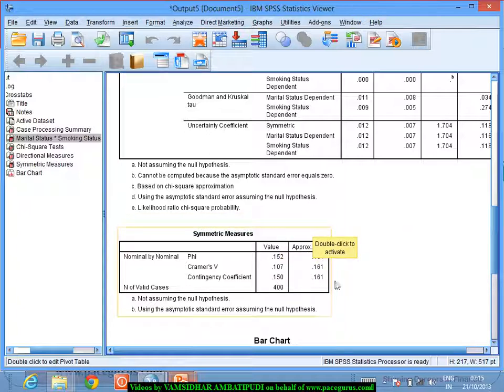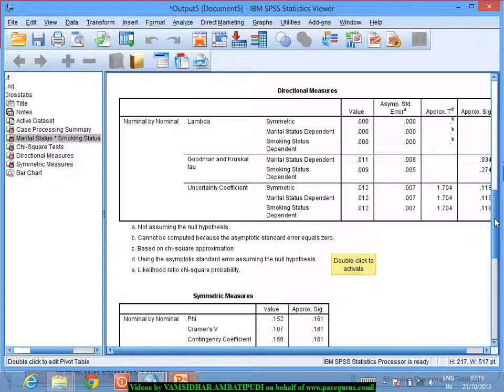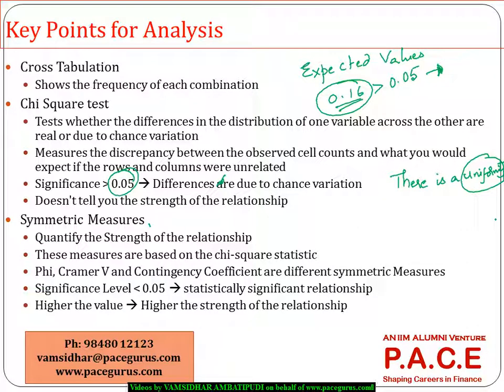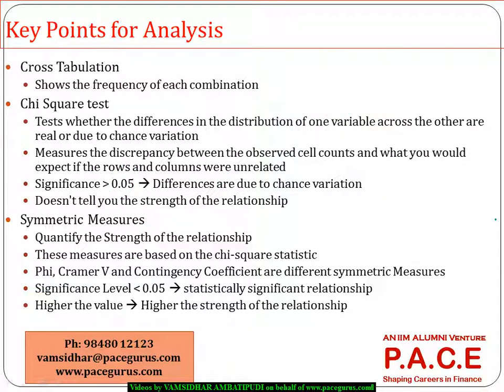Assume that these values are less than 0.05. First of all, the symmetric measure, I'll write an algorithm here. Only if for the chi-square the significance is less than 0.05, then only I will say that there is a difference in the proportions.